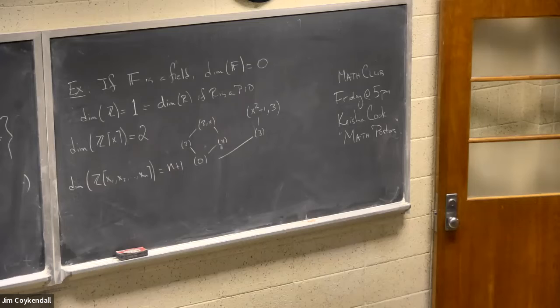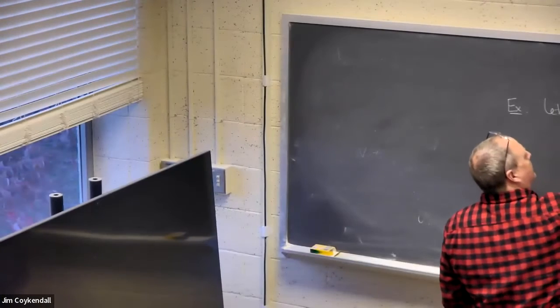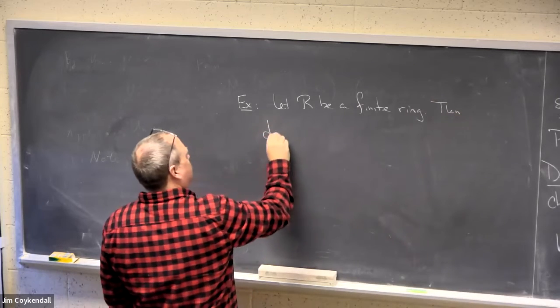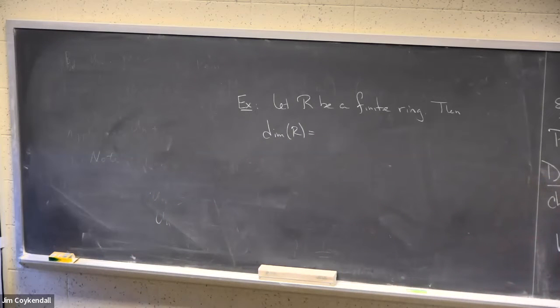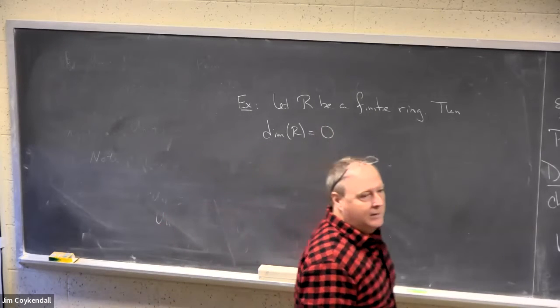Here are a couple interesting things. Here's an example. Any finite ring, that's dimension zero.